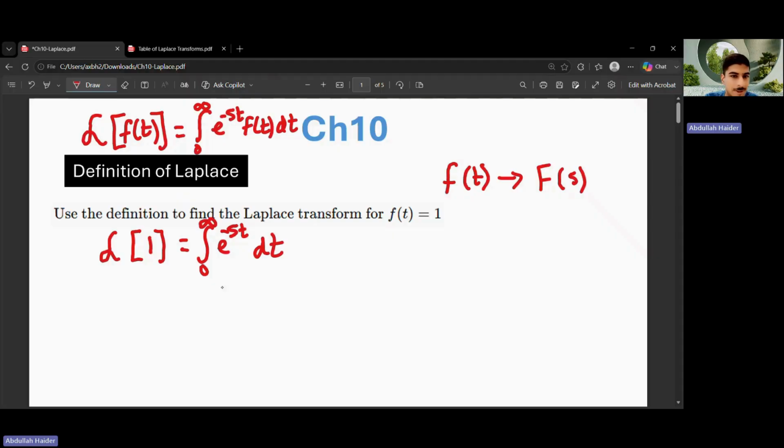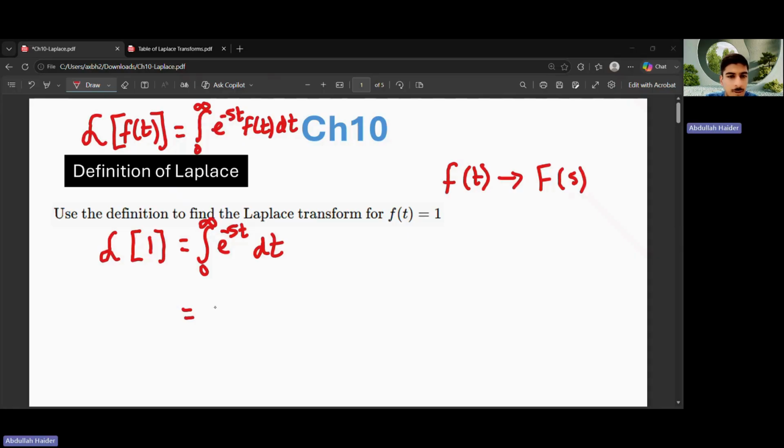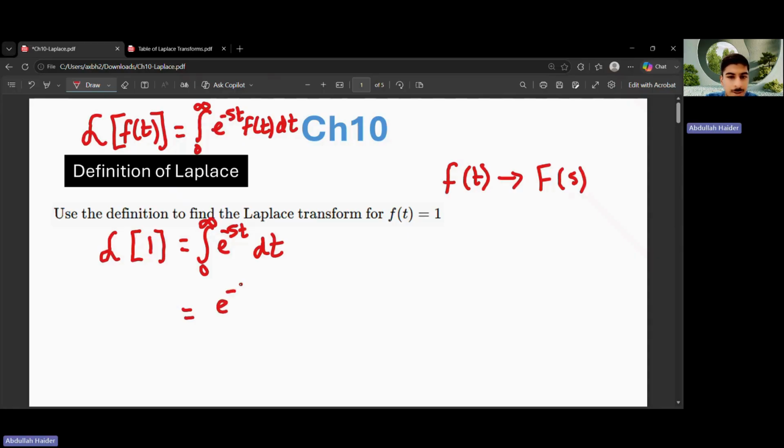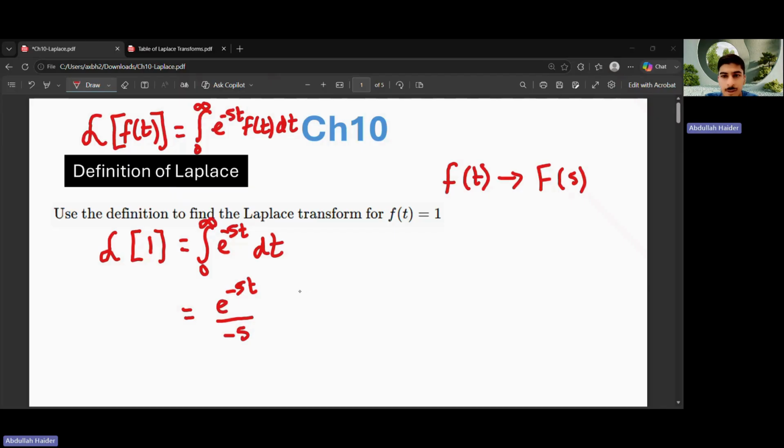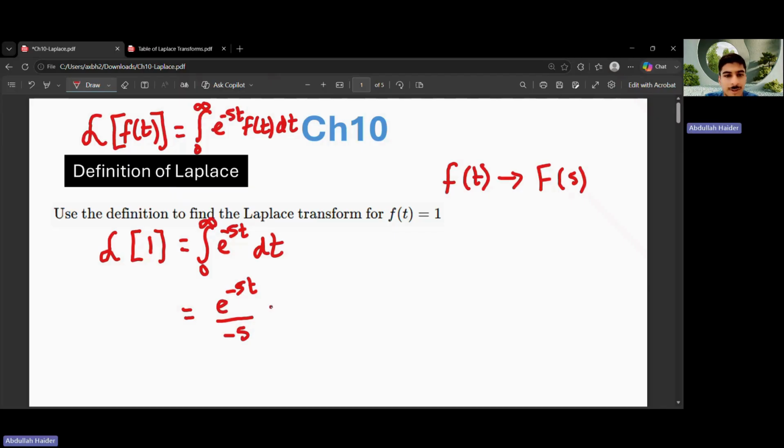Basically now what you do is you integrate. So once you integrate, you will get minus e power minus st over negative s plus c, but usually in this chapter you can assume that there will not be any constant of integration.